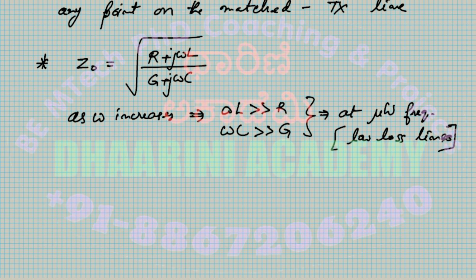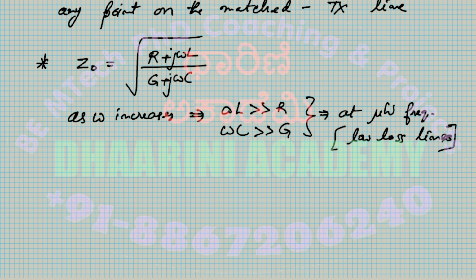Actually, the R value is not changing. Omega L and omega C are increasing, so R and G look like smaller values to you. But still the concept is like that. R is lesser, G is lesser, you call it a low loss line. Whenever R and G are really negligible, it becomes a lossless line.